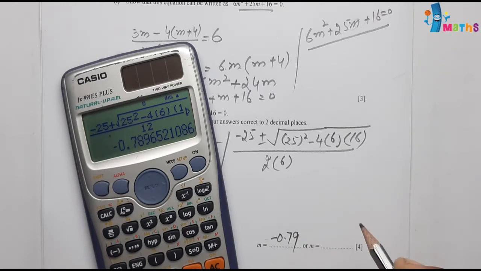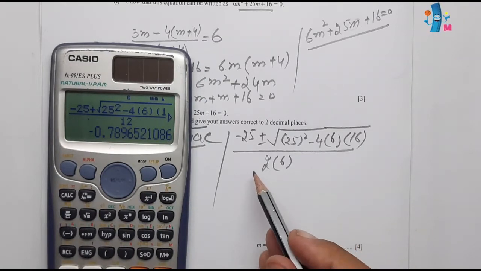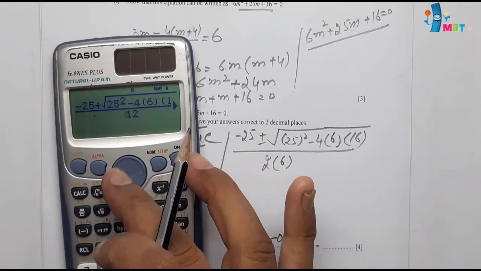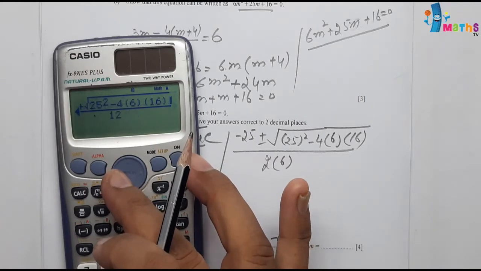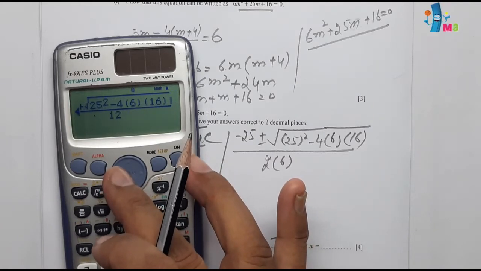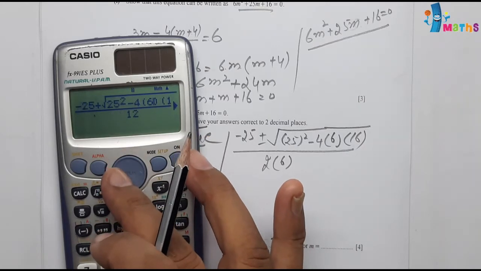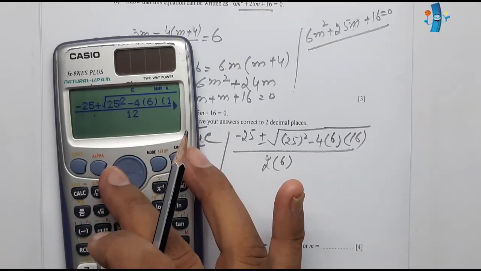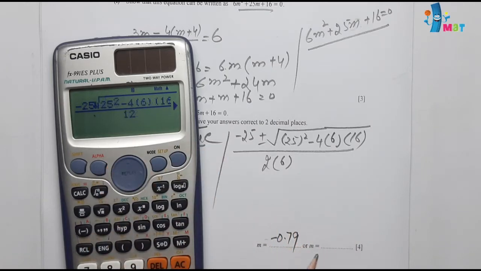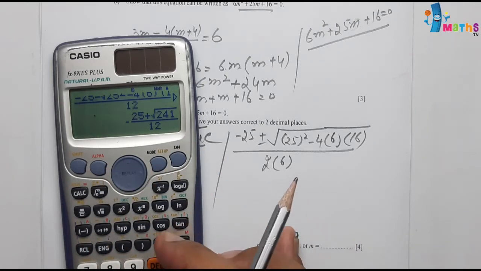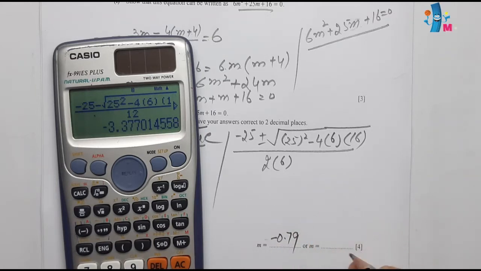And the second value, if you change the sign, we can change the sign to negative, and this will be equal to minus 3.377, so you can write minus 3.38.